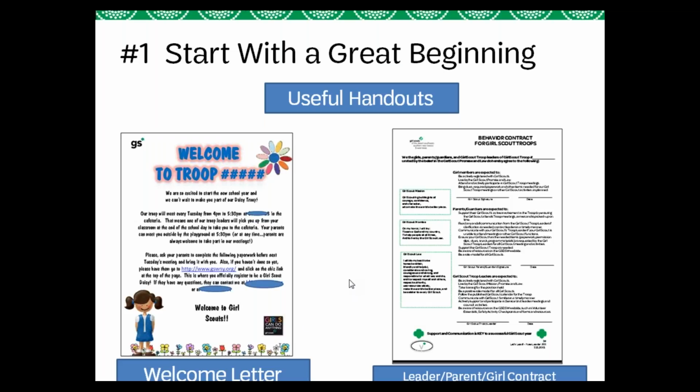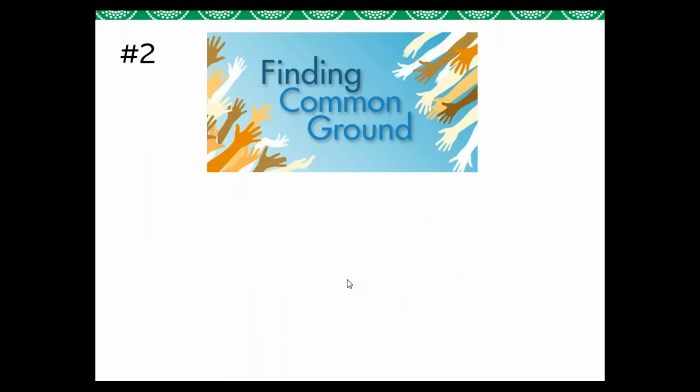Moving along to tip number 2 to engaging your parents in the troop, and that is finding common ground. It will definitely help to recognize that all parents, regardless of where they come from, of income, of education, of cultural background, all want to be involved in their daughter's experience.